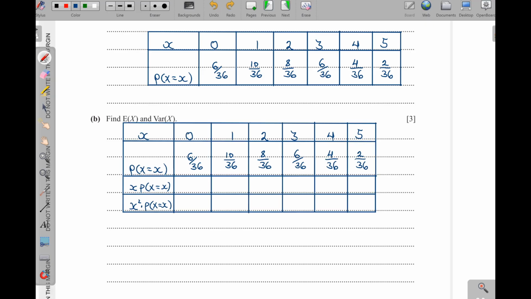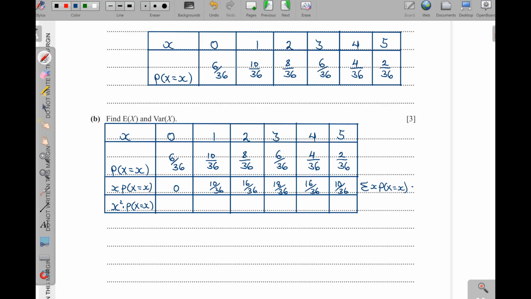These multiplied, we have a 0. Then here we have 10 over 36. Then here 16 out of 36. And then here we shall have 18 out of 36. 4 times 4 is 16, 10 out of 36, and then 10 out of 36. Then here the total summation of x times probability of x is equal to x.